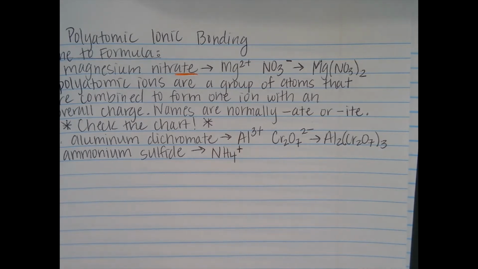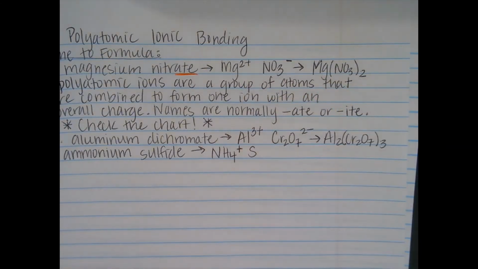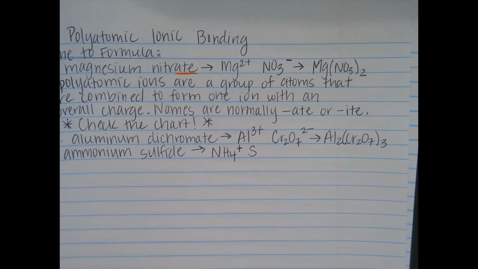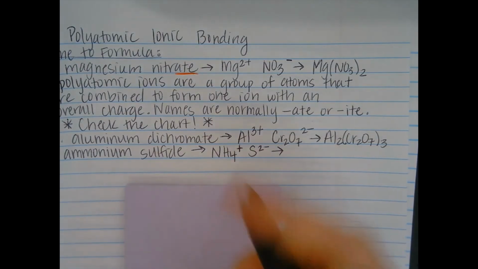If it doesn't say sulfide on it, then we're talking about something on the periodic table. So sulfide is not on the ion chart. That means we're just looking at sulfur from the periodic table. And we know that sulfur, as an atom, when it gains or loses electrons, will gain 2 and form a 2- charge. Okay, so if I crisscross this, I need 2 of those NH4s.